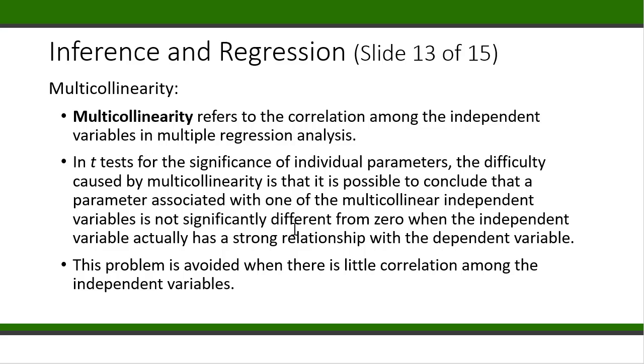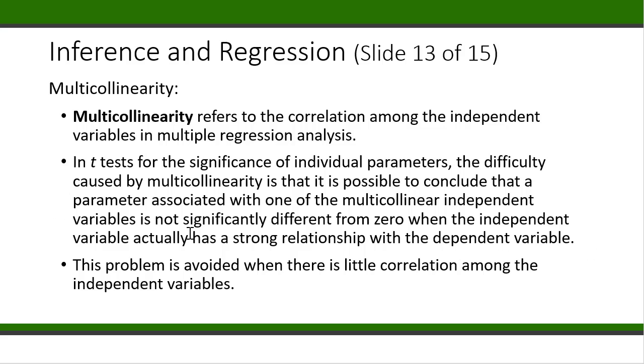So when you have this, the problem is that you might conclude that a parameter associated with one of the multicollinear independent variables is not significant. That is, it's not significantly different from 0, when the independent variable actually has a strong relationship with that dependent variable.